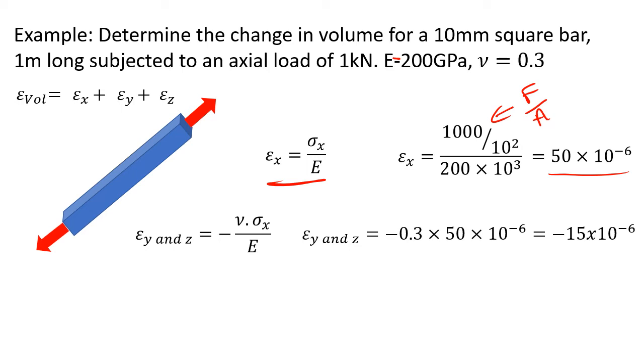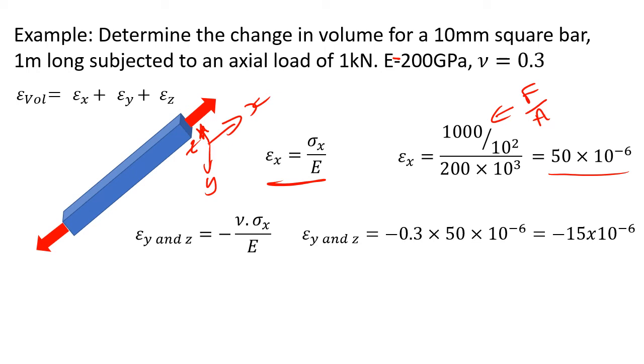I just need to mention that on this diagram that's the x direction, and we'll have a y direction and a z direction. So in the y and the z directions, then we have our Poisson's ratio multiplied by the stress in the x over the Young's modulus.